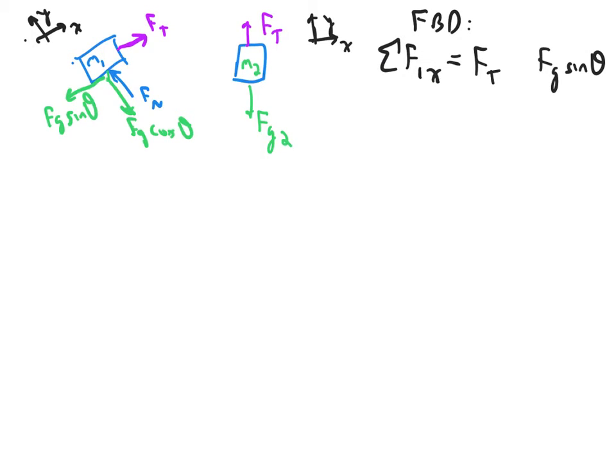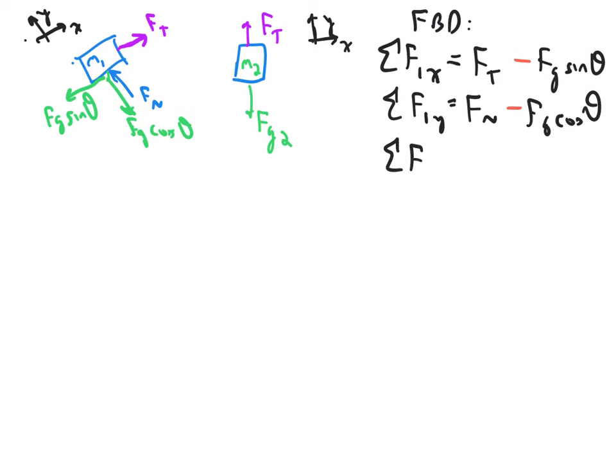But Fg sine theta is going to come in with a minus sign because it opposes Ft and moves in the minus x direction. And then the sum of the forces in the y direction are going to be Fn and Fg cosine theta. But again, the y part is in the negative y of our axes, so it gets an extra minus sign.